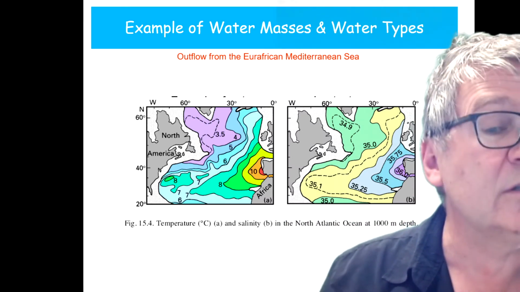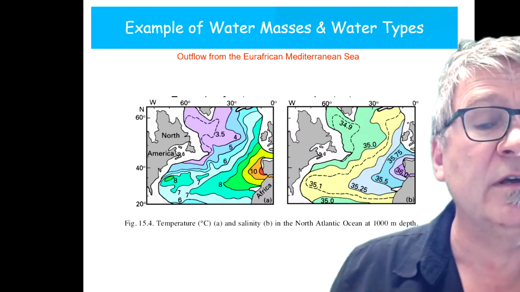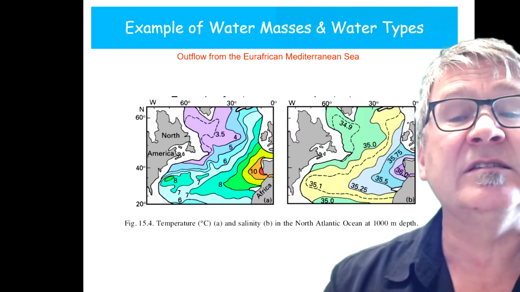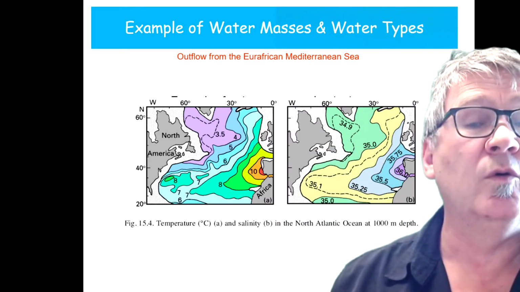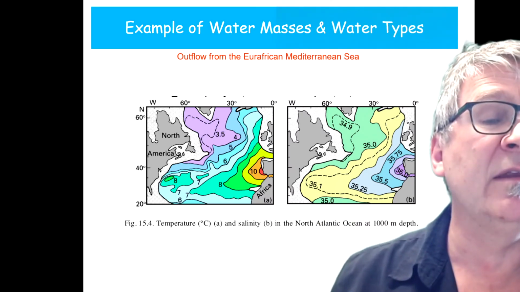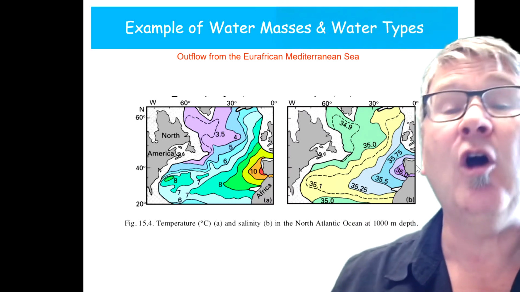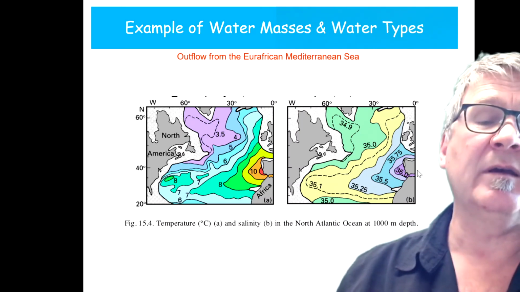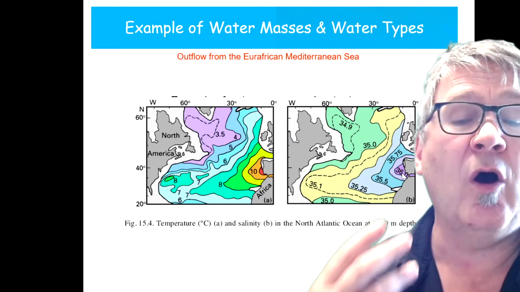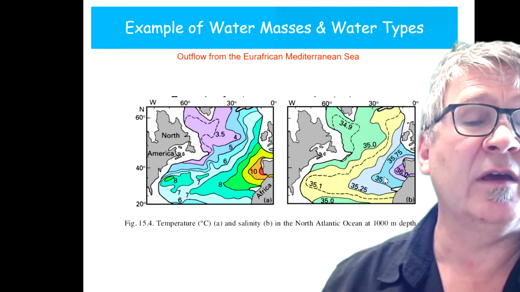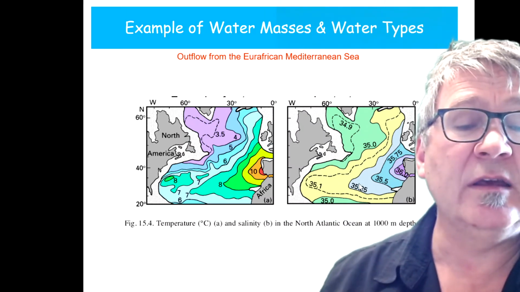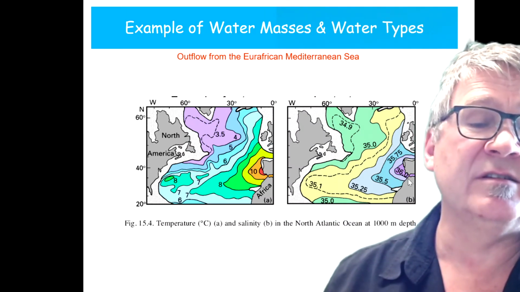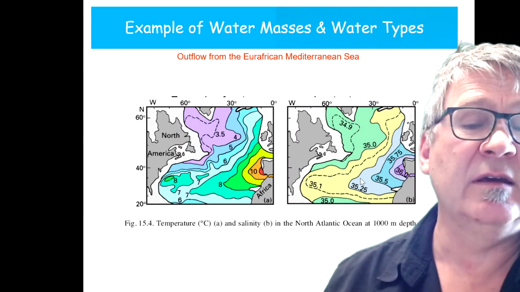Okay, this is not the surface, this is at 1,000 meters. And here you can spot the outflow of the Mediterranean Sea in terms of a tongue of high salinity at that depth, spreading over to the other side, zonally, over long distance, horizontally.